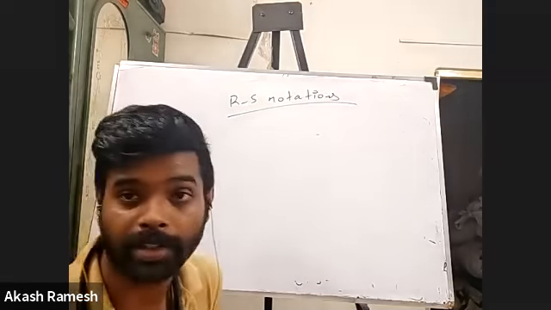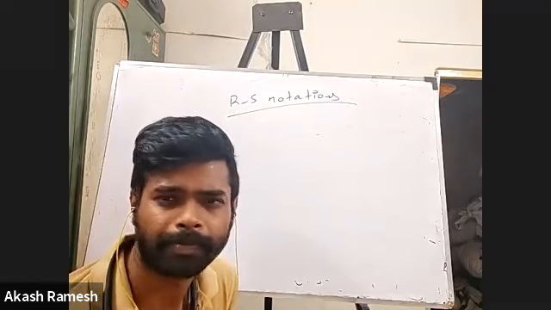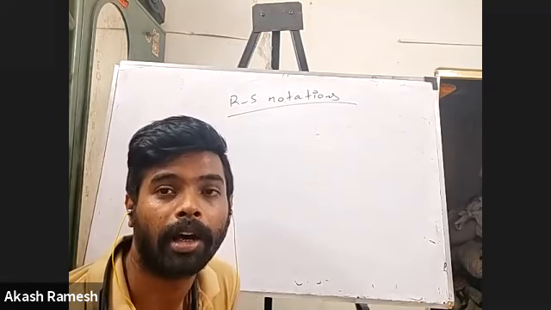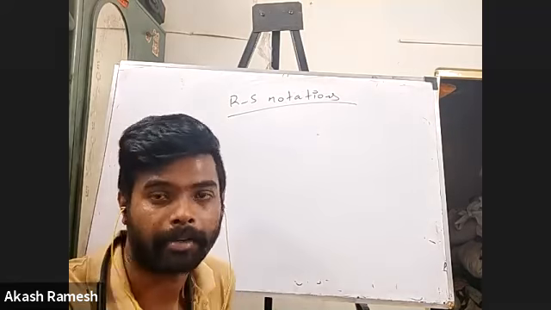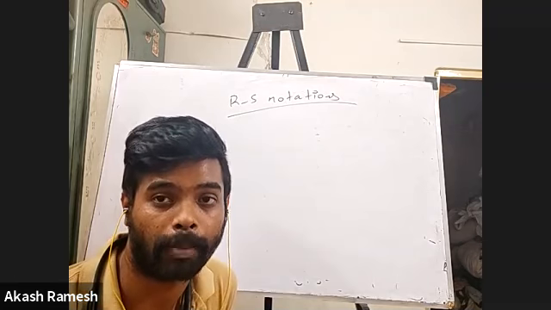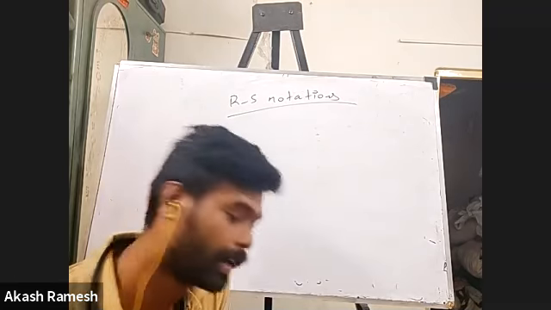But this R and S notation is not going to denote that. It is just a simple notation which is going to help us find out whether that particular pair given to us are enantiomers or diastereomers or mesomers. Is that okay?